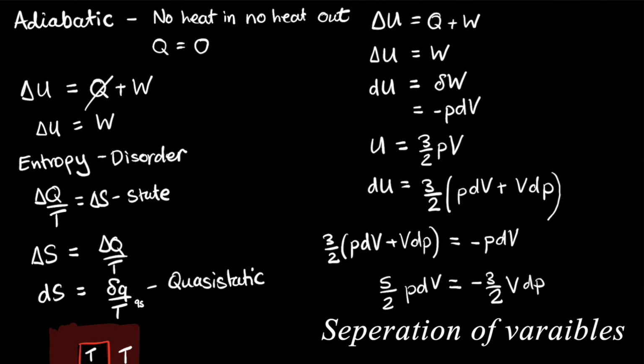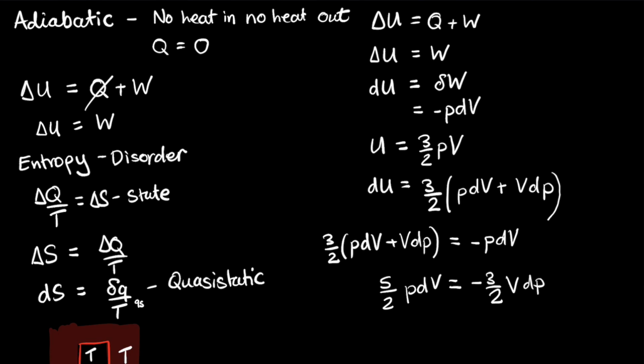We've got something in terms of V and something in terms of P. What we can do is divide both sides by PV. We've got the 5/2 on this side, and dividing both sides by PV, we get a 1/V dV on this side, and that's equal to minus 3/2 times 1/P dP.